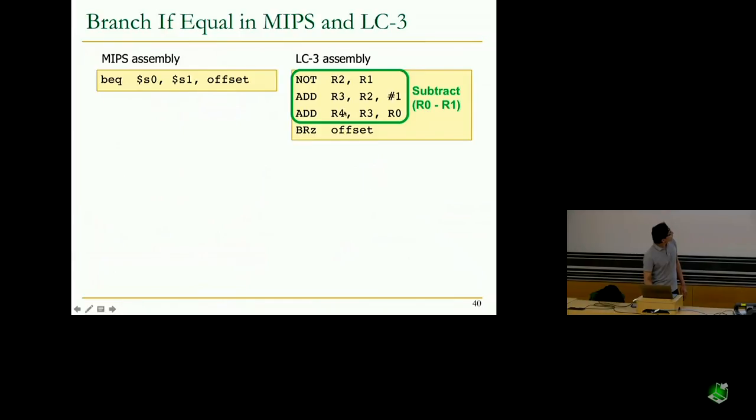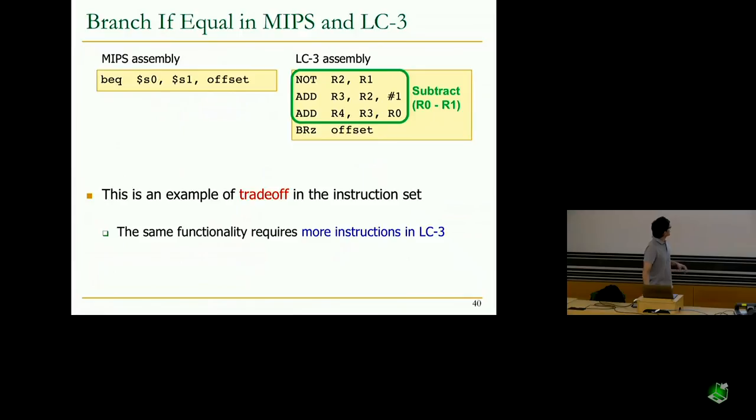We store the result in R4, and if this R4 is equal to 0, this means that the 2 registers are equal. And if the result is equal to 0, the condition bit Z will be 1. So then this branch here will be taken. We will take a look at an example of this very, very soon.